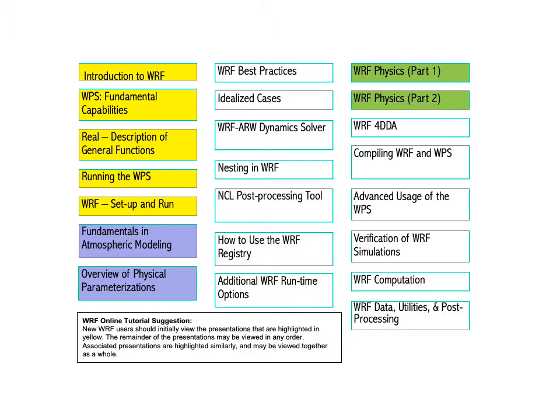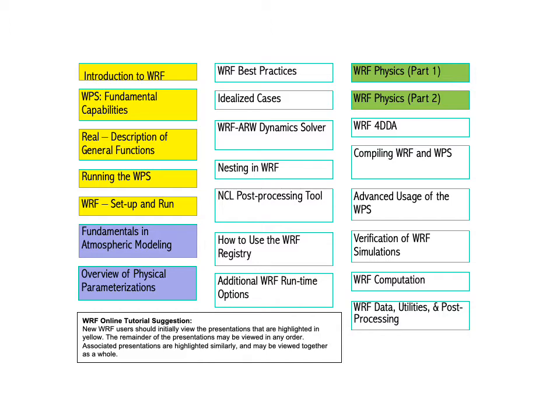There are two other longer presentations that are split into a couple of pieces. The fundamentals in atmospheric modeling and overview of physical parameterizations can be taken as a single lecture. And also the physics part 1 and 2 can also be taken together as essentially a single lecture. The rest of the presentations can be done in any order.